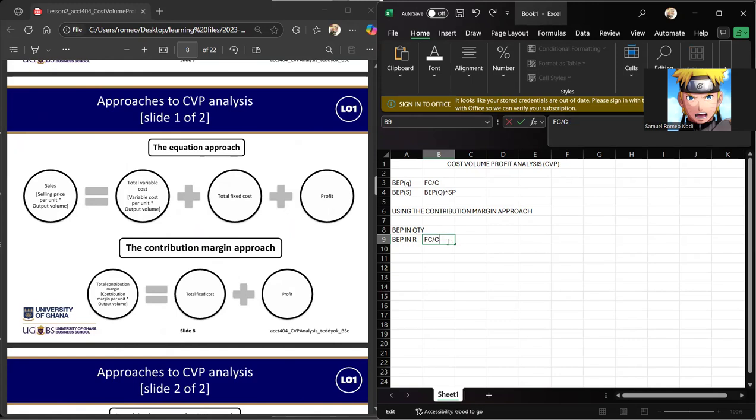CMR is the contribution margin ratio. We'll solve examples so you get to know what it is. This is basically what they are trying to tell us.